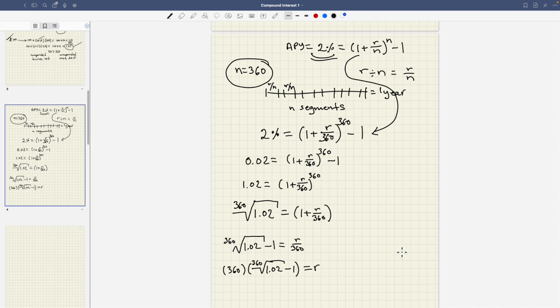It'll be 360 times, open parentheses, radical index 360 of 1.02, minus 1, then multiply times 100. So we have R equals 1.98%, which, by the way, is almost equal to the APY of 2%.